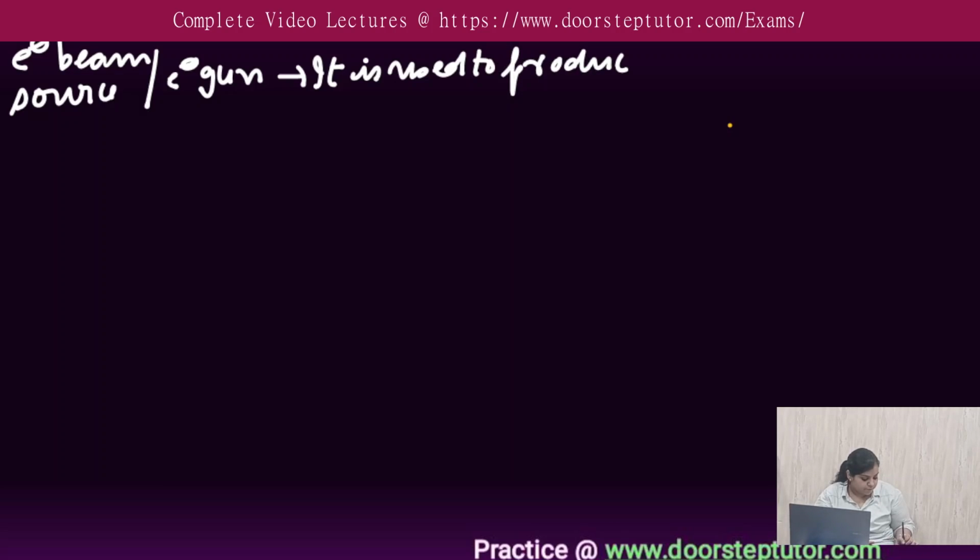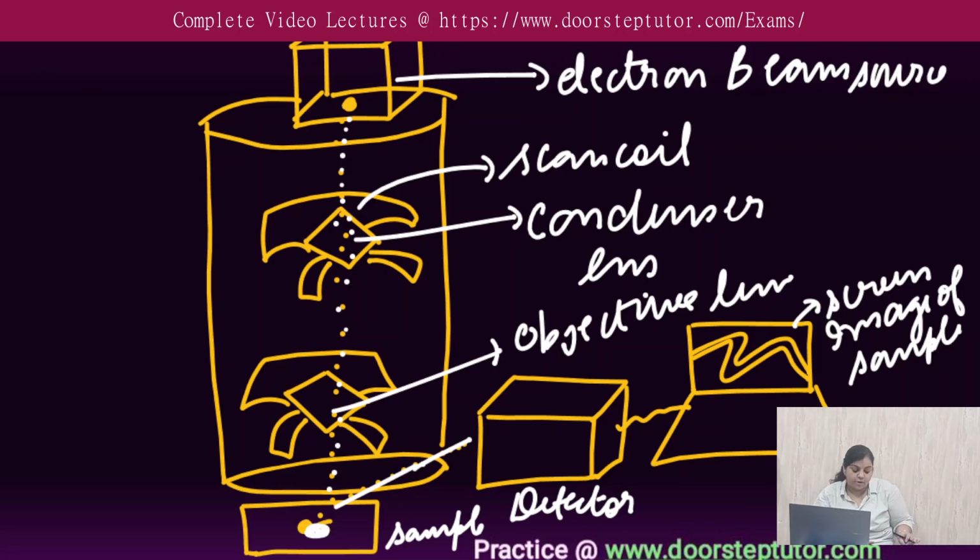It is used to produce a moving beam of electrons. So these electrons you have prepared, a beam of electrons, are being produced by this electron beam source.